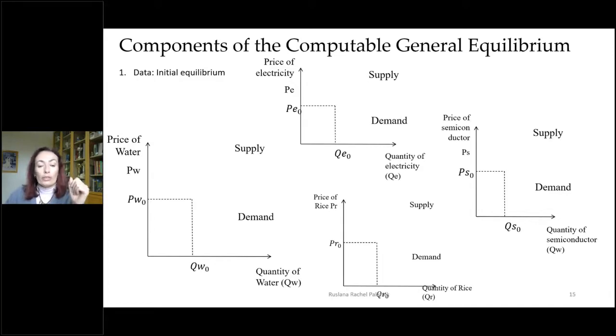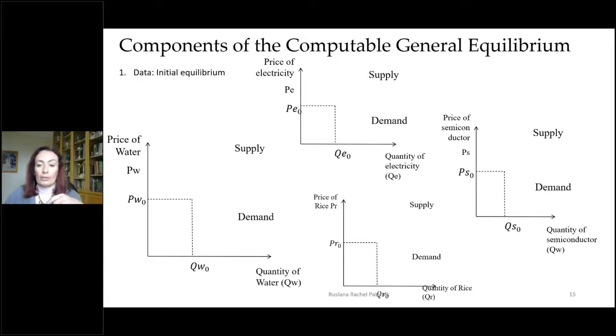The initial equilibrium in each of the markets is collected in the actual baseline data, which I will describe in more detail later. But those quantities and prices come from statistics, from actual national accounts of the value sold in each of the markets in a given year. So this is monetary value, which is price times quantity in each of the markets.